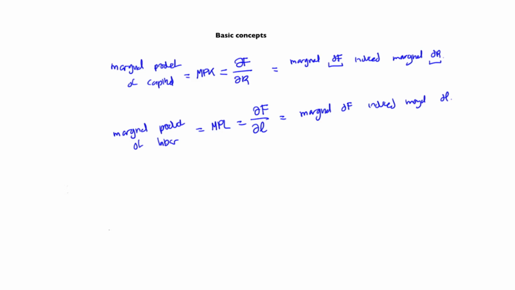Now please notice that the marginal product of capital and the marginal product of labor are always evaluated at a particular point in the production space. For example, you may evaluate it at this combination of capital and labor, or you may evaluate it there. The value of the marginal product of capital and the marginal product of labor may be different at these two points. In particular, notice that the marginal product of capital may be affected by the amount of labor that you are using, and vice versa.